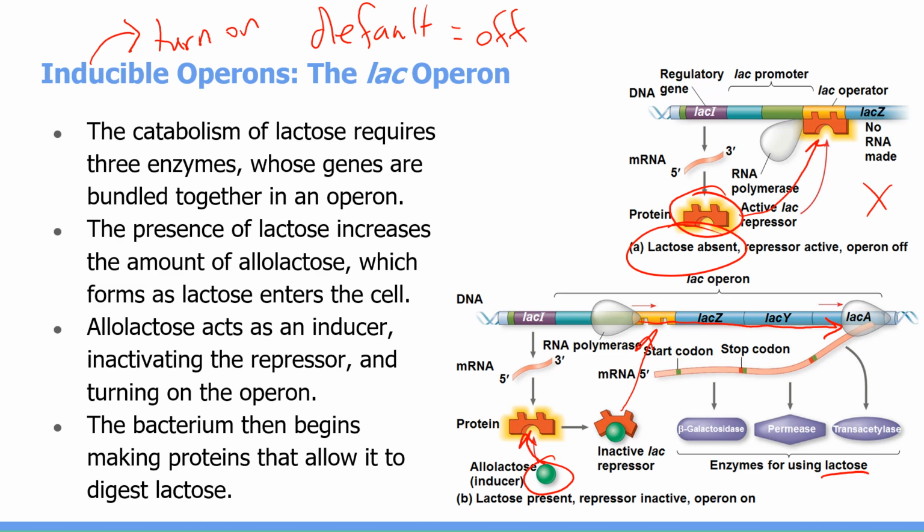So again, default is off, that repressor is on, or active, and then the inducer binds to the repressor protein, thus inactivating it, thus turning on this operon, allowing RNA polymerase to transcribe the three enzymes to digest lactose.